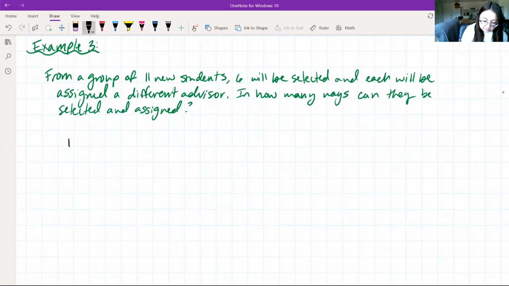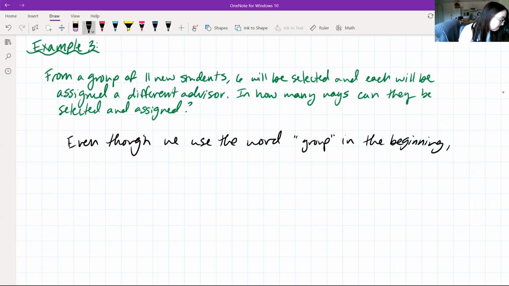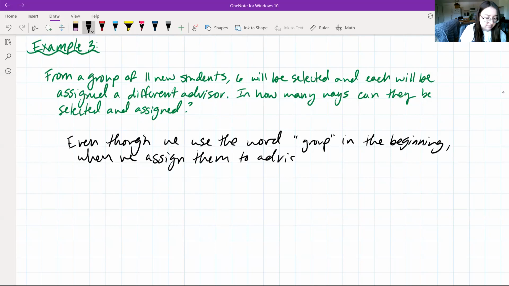So even though we use the word group in the beginning, when we assign them to advisors, we are essentially arranging them.